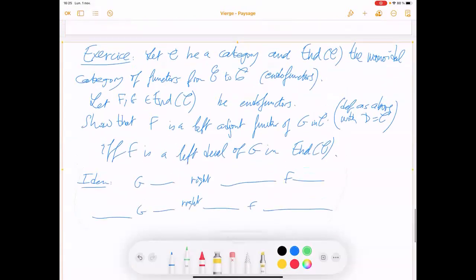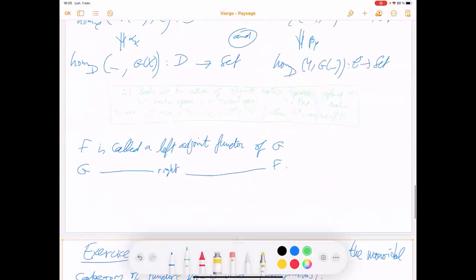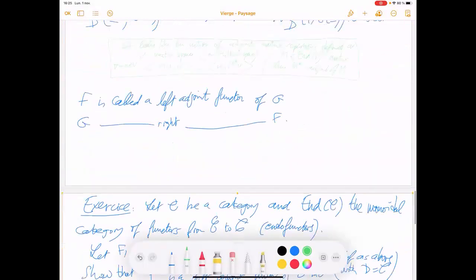So this is the exercise, and this is the motivation for the notion of left and right dual.